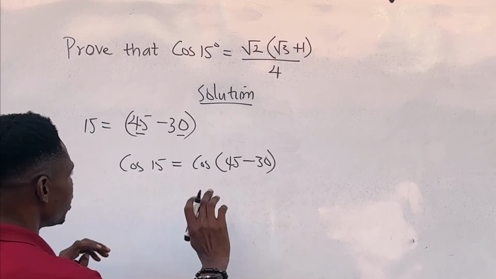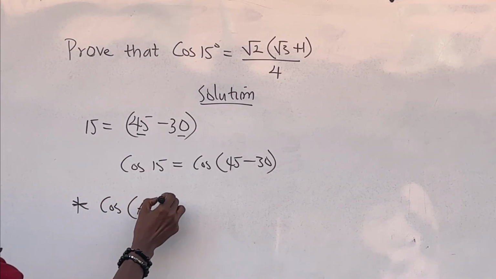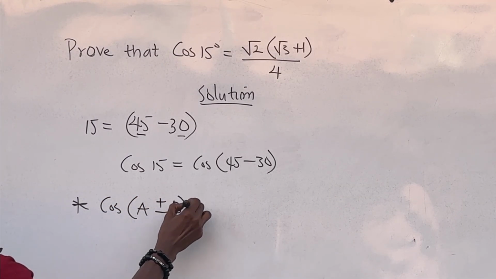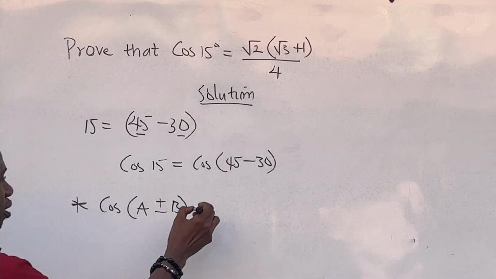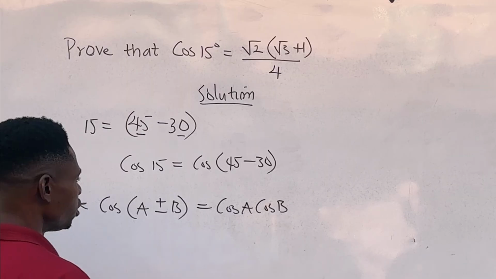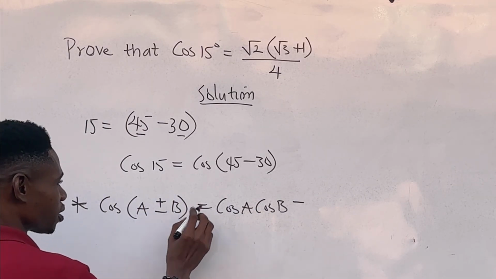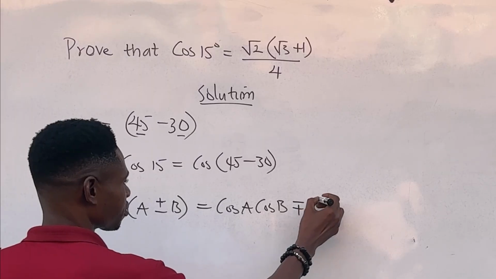So let's pick this. Now remember this, that cos A plus or minus B is equal to cos A cos B. Remember, plus is for minus and minus is for plus.